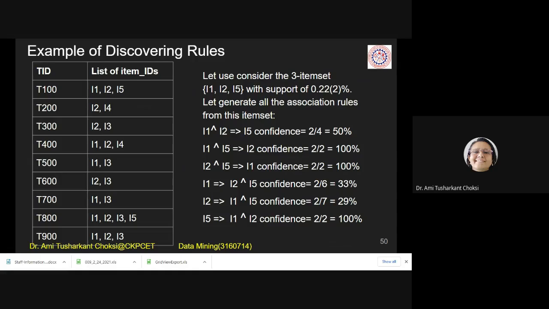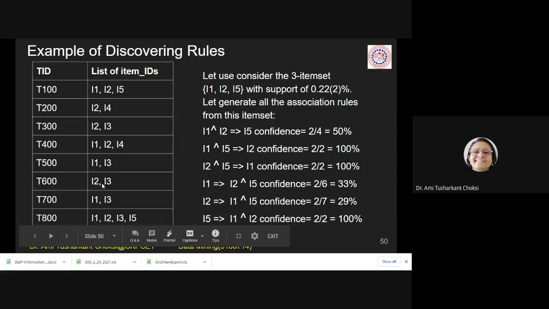Still, I am showing you once so you can completely have the idea. In this table, let us find I1, I2, I5. Here I1, I2, I5 is there, so the count of these three items together is 1. In the next one, I1, I2 is there, but I5 is not there. Let us proceed further.